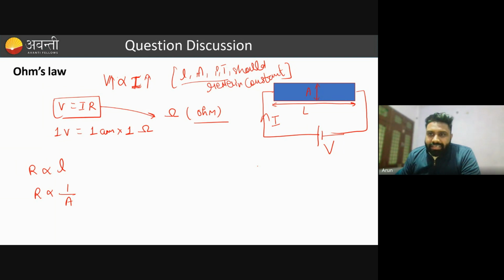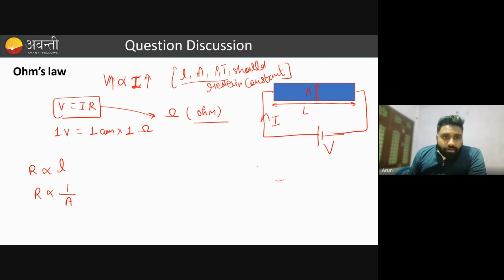If you increase the area of the conductor, the resistance would decrease. The reason is, if you increase the area, let's say this is area 1 and this is area 2, a large number of charges will flow through it. So the current will increase, and resistance will decrease.